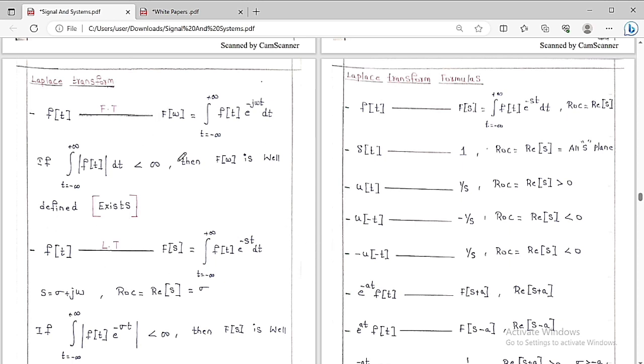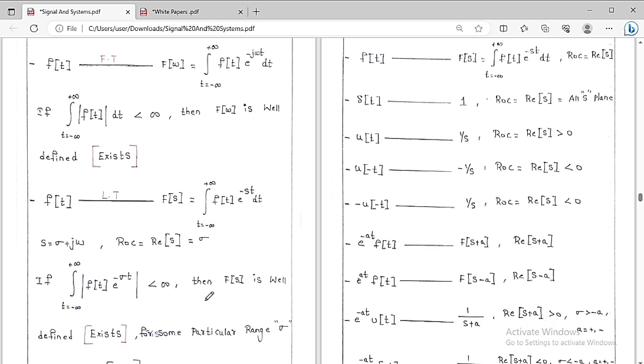If you substitute j omega in place of s, we get the Fourier transform. The value of s is sigma plus j omega, because it has a real part and an imaginary part. Then what is the ROC? The ROC is the real part of s, which is called sigma in the case of the Laplace domain.